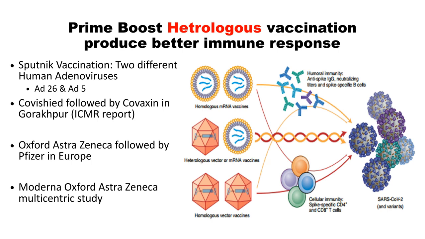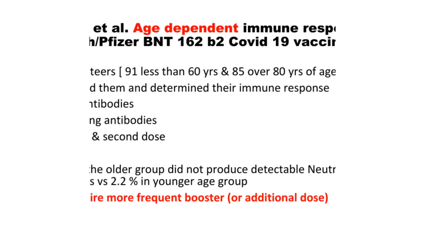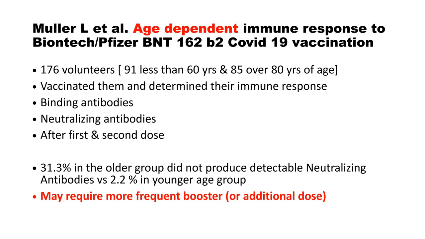As you know, Sputnik vaccination already has two different human adenoviruses, while Covishield, which is the vaccine used in India, was interchanged by mistake by Covaxin, and they got good results. The same has been reported in Europe with Oxford AstraZeneca followed by Pfizer or with Moderna. So heterologous vaccine seems to be giving good results.